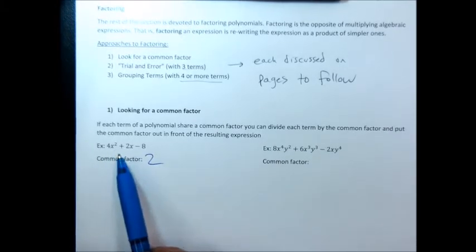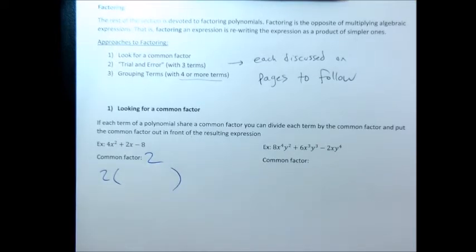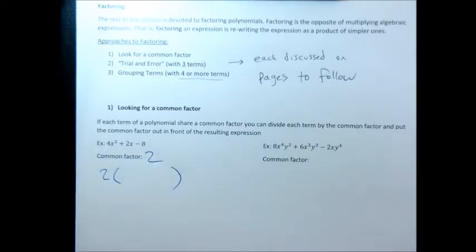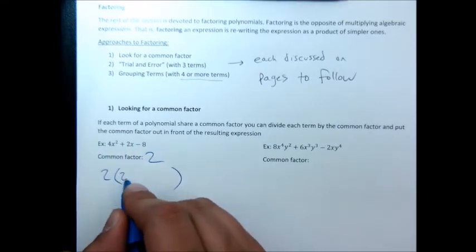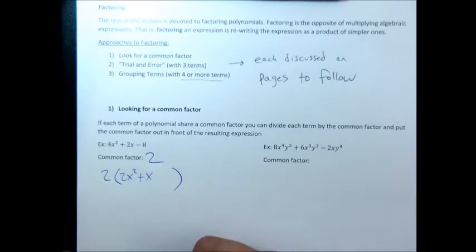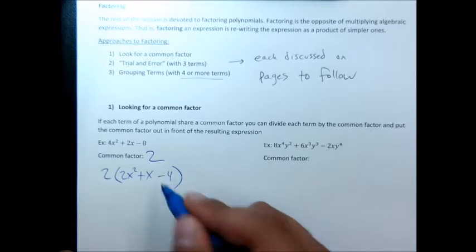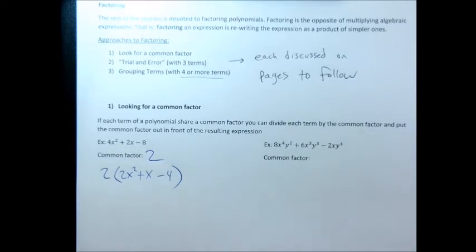And so we write down the 2, and we rewrite the expression after we divide each of those terms by 2. When we divide the first one by 2, we get 2x squared. When we divide the second one by 2, we just get x. And when we divide negative 8 by 2, we get a negative 4. That's about as straightforward as a problem could be. If they're even, it's got to be at least a 2 that factors out.